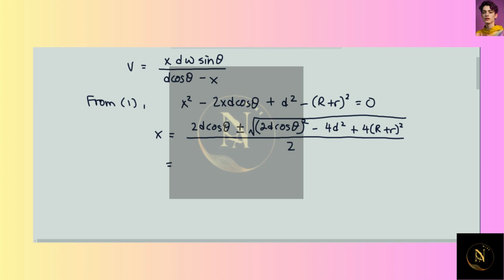The 2 squared and the 4 inside the square root can be factored out.